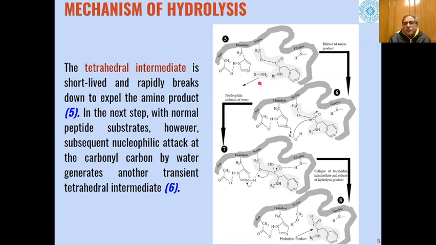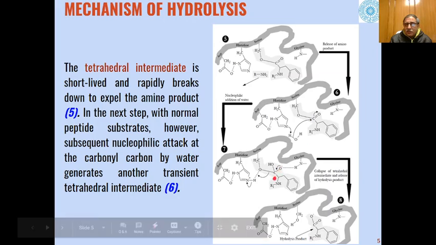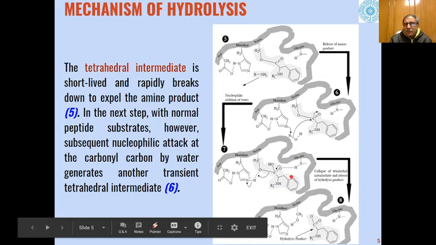In the next step, one part after hydrolysis is removed from the reaction site, and this short-lived tetrahedral intermediate will rapidly break down again in the presence of water. The nucleophilicity of the water is increased due to the presence of histidine, and it acts as a hydroxide ion, which attacks this carbonyl to give another tetrahedral intermediate.